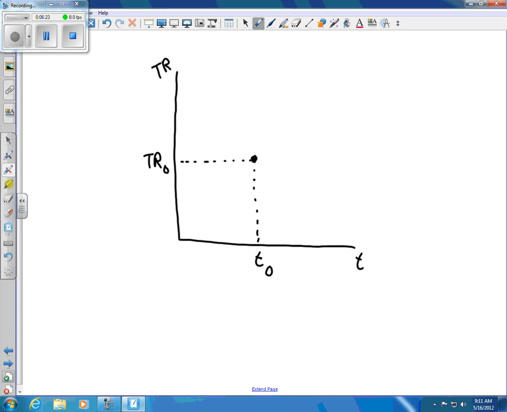If you start at this point and you lower the tax rate, so you're going this way with the tax rate, tax revenue will go up. So tax rate down, tax revenue up, that would give you a curve that looks like this.